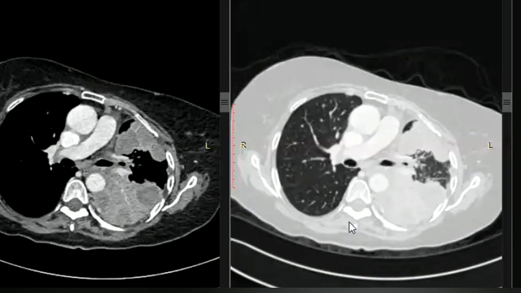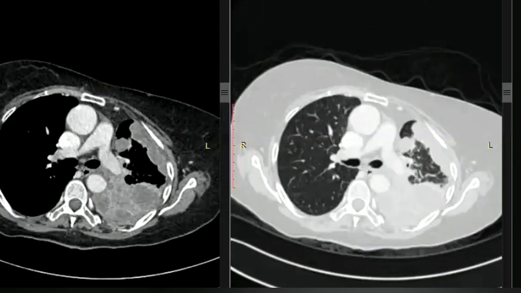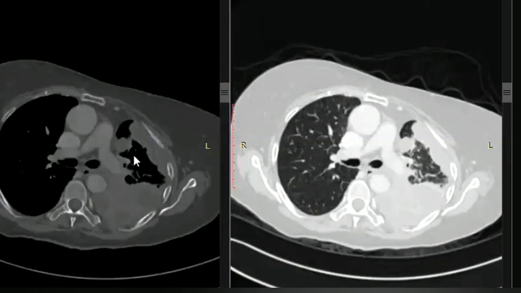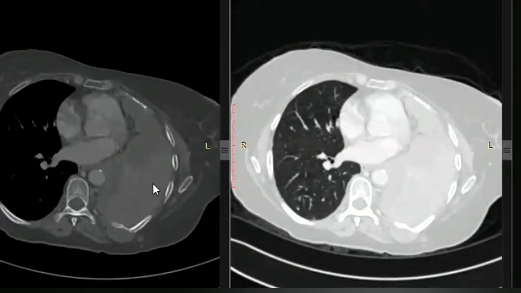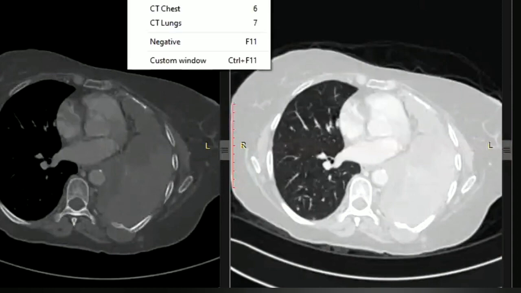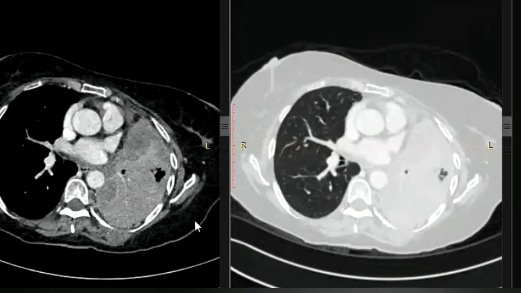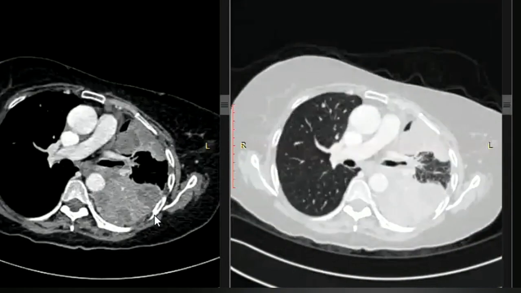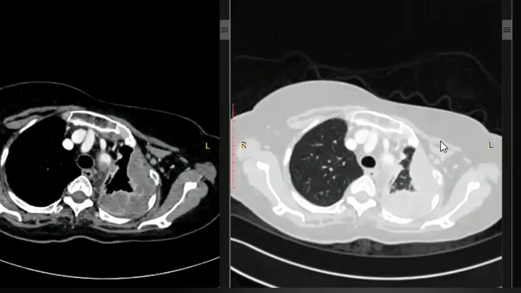So I would narrow down my differentials to mesothelioma, or I would like to ask the history of the patient, if she has any exposure to TB contact, or it can be a tuberculous empyema, because it has enhancing walls and there is also a fluid collection within it. So these are my 2 differentials.